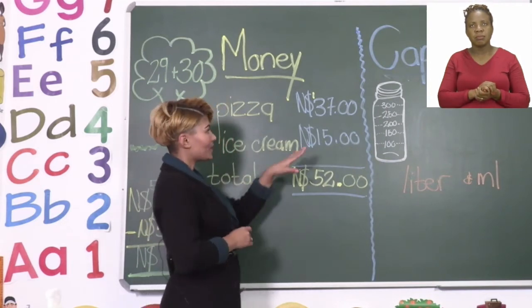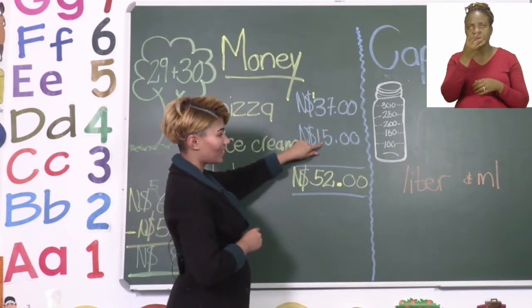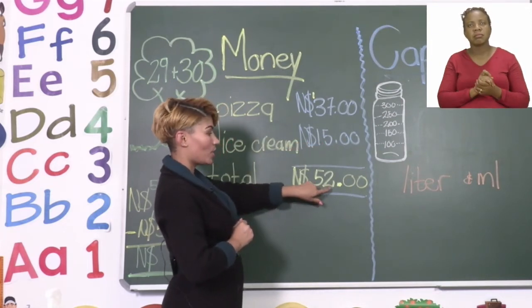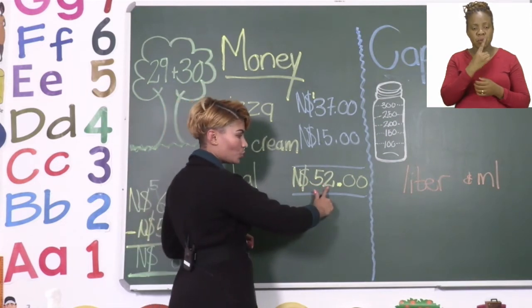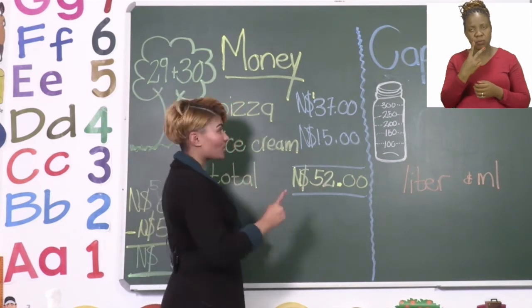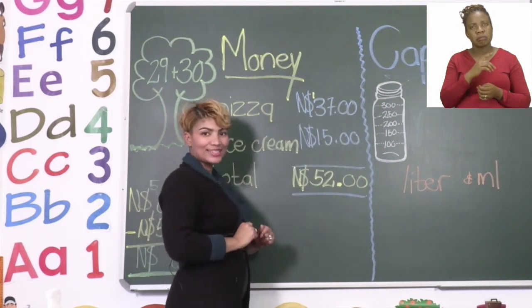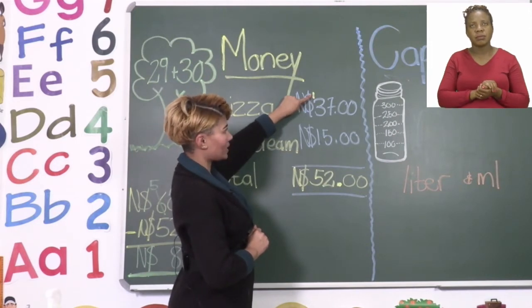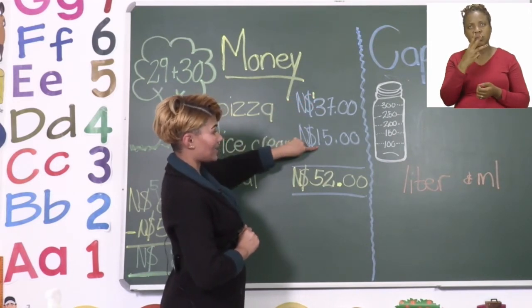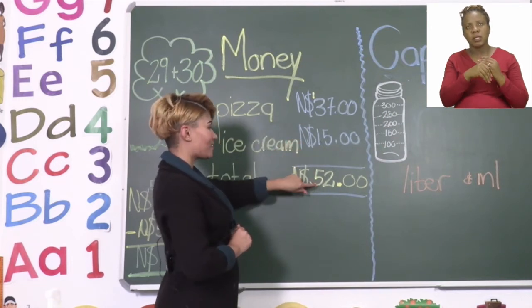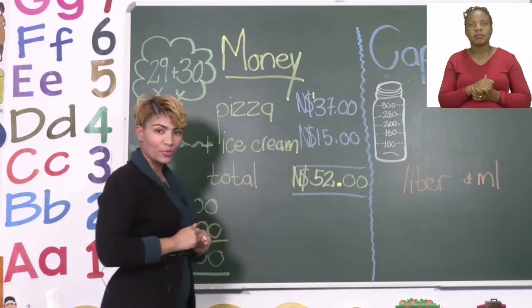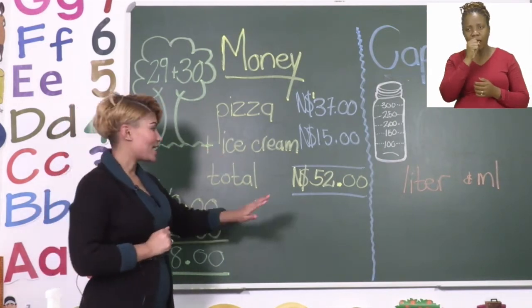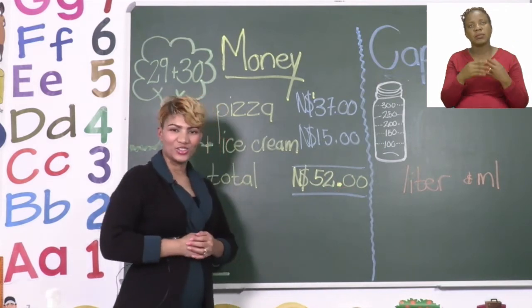First we say 7 plus 5 is 12. That's right. So we don't write 12 in here. We only write the 2 and the tens we bring over to the tens on top. So we then say 1 plus 3 plus another 1 equals 5. Now you see, boys and girls, the total for our pizza and ice cream is 52 Namibian dollars.